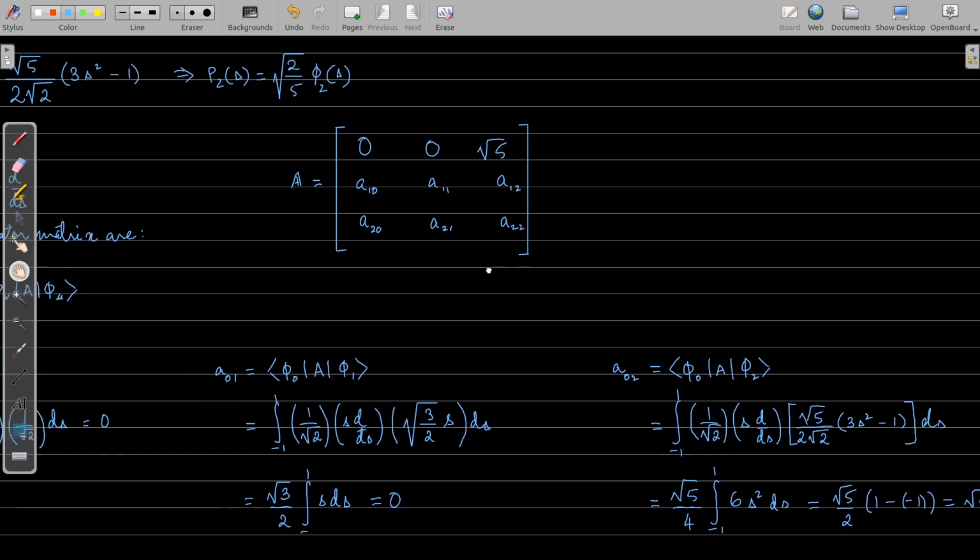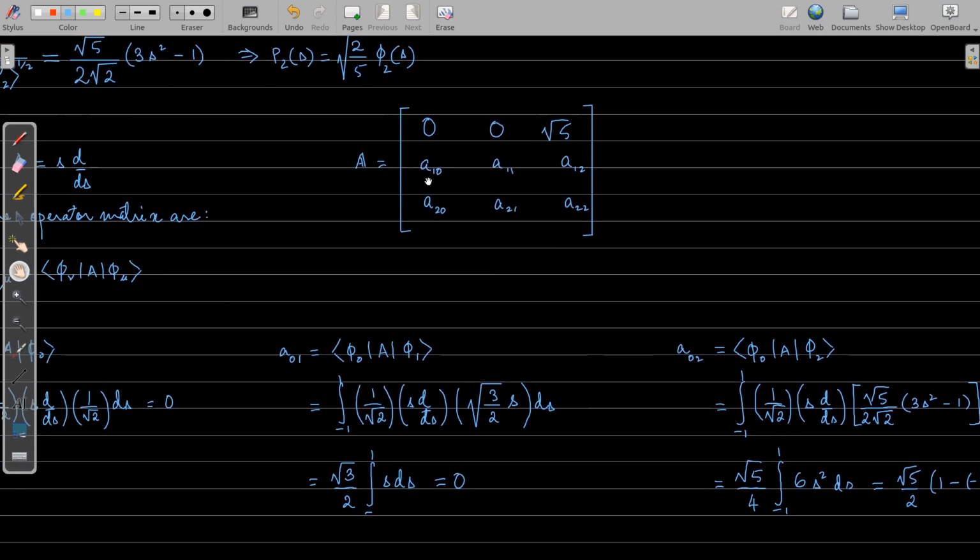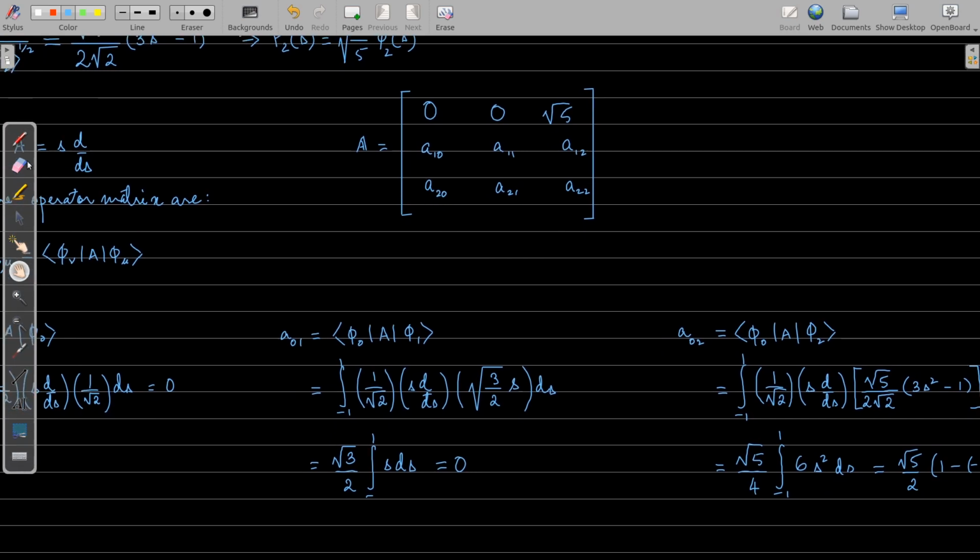Okay, so a10, likewise you can find out. I'll give you the values. You can work this out for yourself. In a similar way, you can find out for each and every one. So a10 will turn out to be equal to 0 again. A11, the value is going to turn out to be 1.